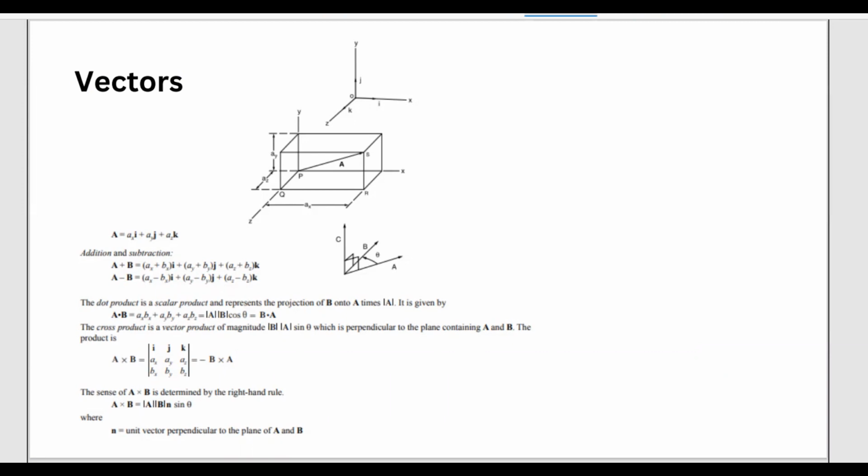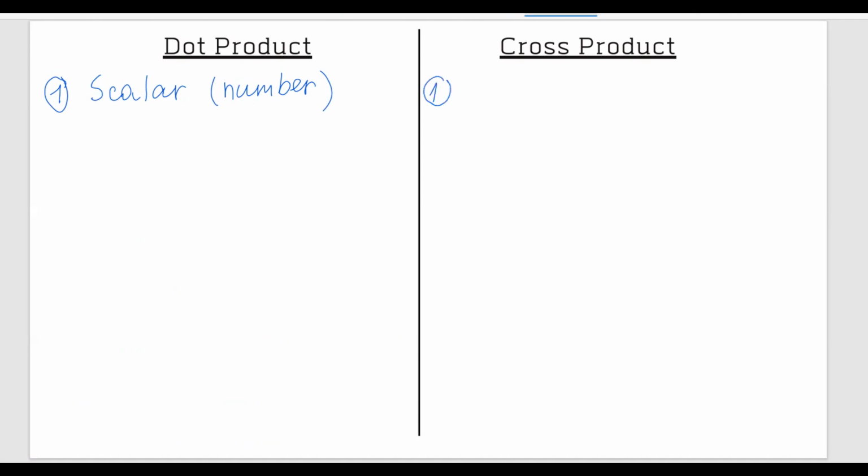Now, moving forward, let's talk in parallel about dot product and cross product. So, number one, we know that the result of a dot product is a scalar or a number, and the result of a cross product is a vector.